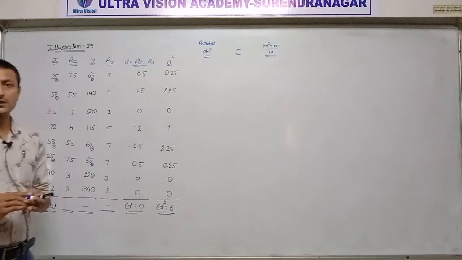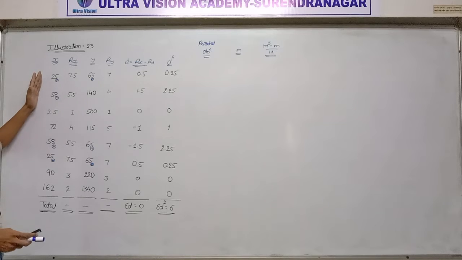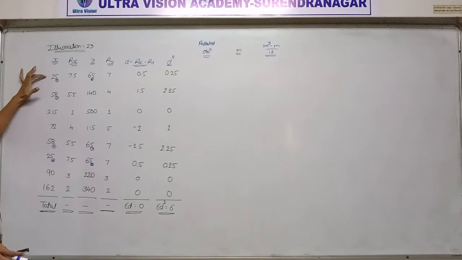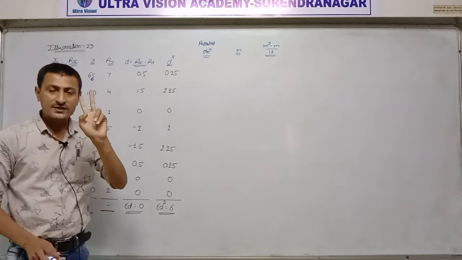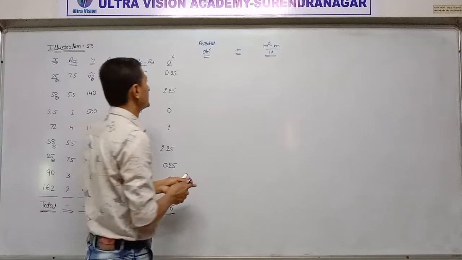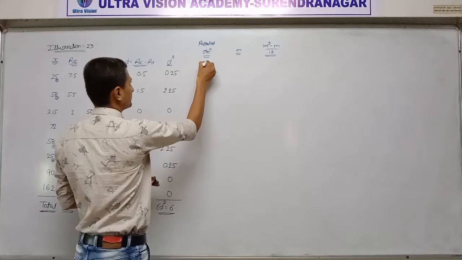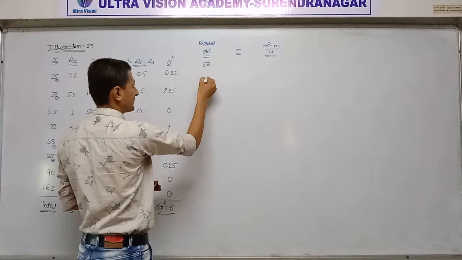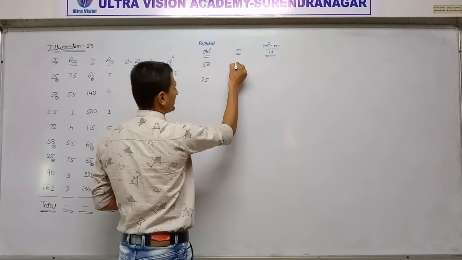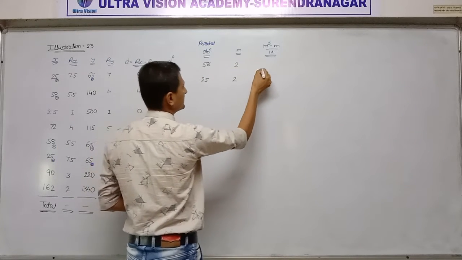Repeated observations in variable x: 58 and 25, both observations repeated 2 times.